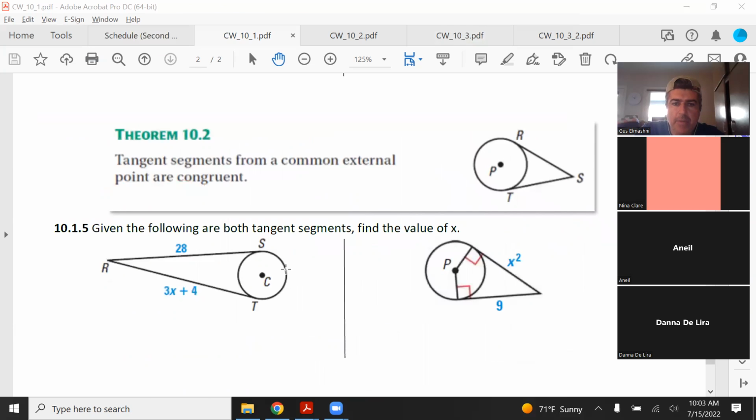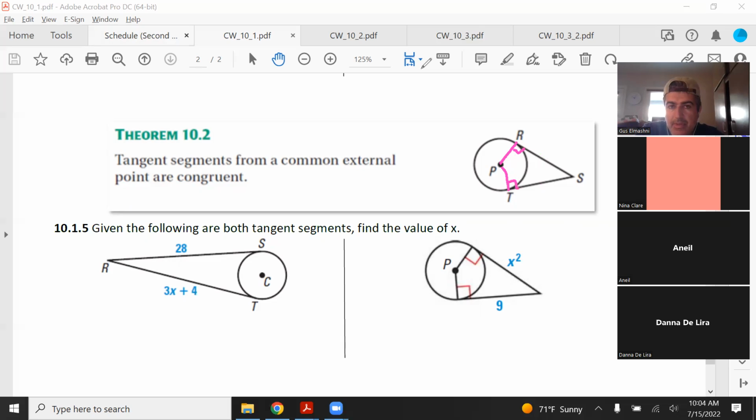Tangent segments from a common external point are congruent. Okay, so if you had something like this here, where that's a right angle, and this here is also a right angle, then these sides are going to be the same. And why shouldn't they be? Of course they should be, right?